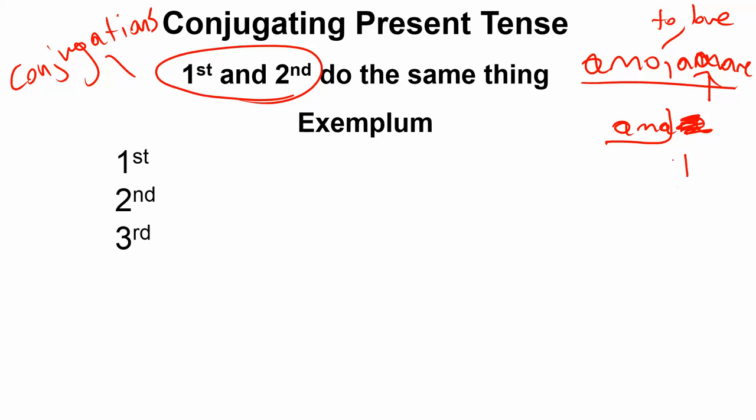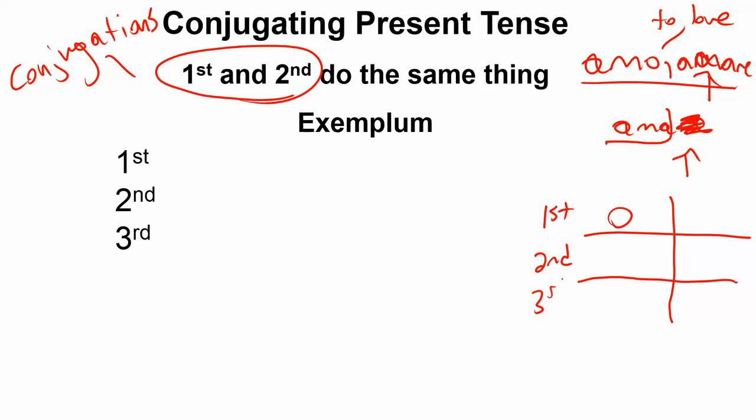And now I'm supposed to add endings. Well, we know the T, but we don't know the others. The others are the song I was singing at the beginning. This chart is set up like the one I'm about to show you, and the chart will be the same for all verbs. The left side is singular, the right side is plural.